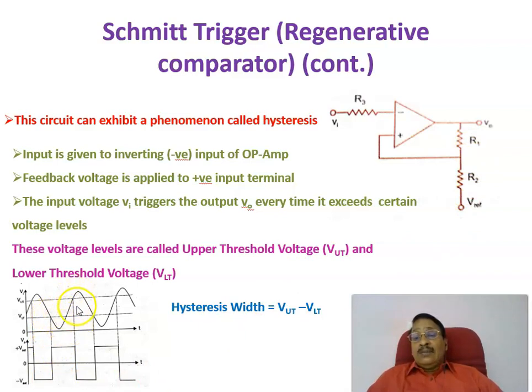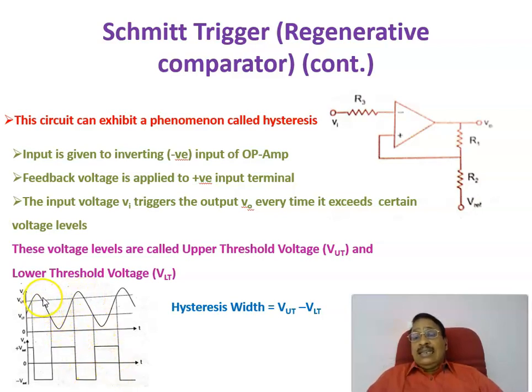The transition from low to high takes place when the input voltage is less than the lower threshold voltage, and the transition from high to low takes place when the input voltage is more than the upper threshold voltage.